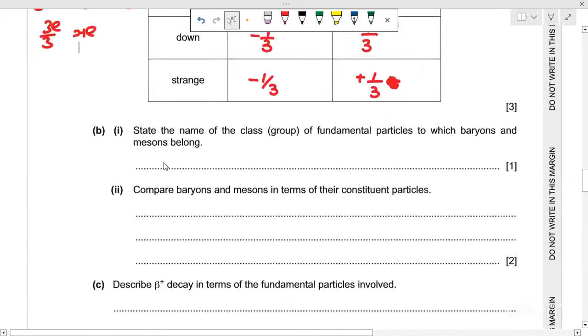State the name of the class or group of fundamental particles to which baryons and mesons belong. This is also a very simple question. Baryons are composed of three quarks, and mesons are composed of one quark and one antiquark.